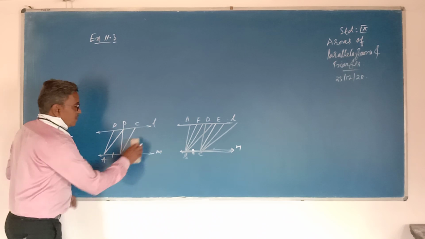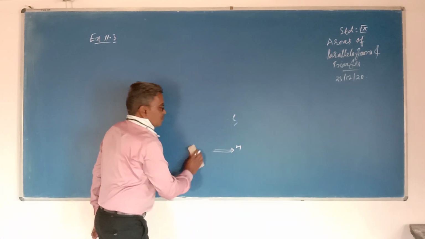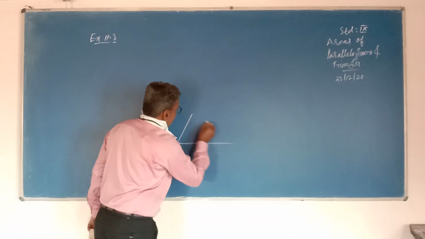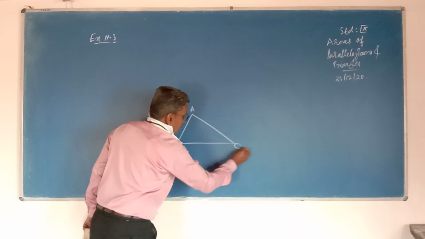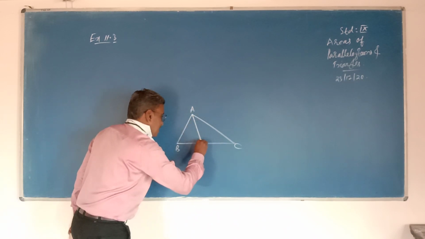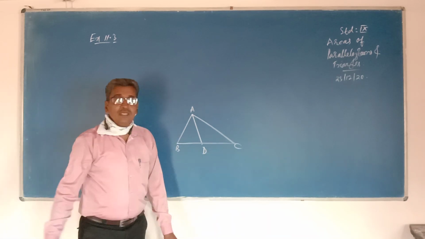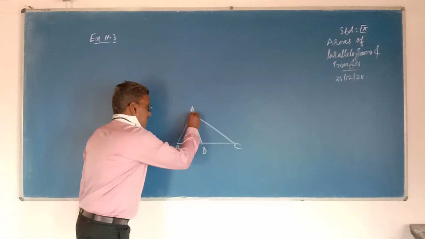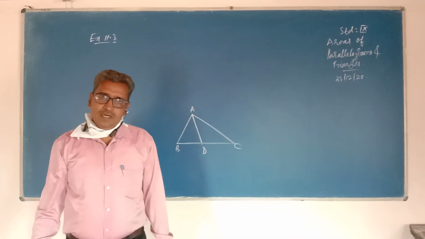Another important example you have proved: ABC is a triangle. AD is the median that I have defined. D is the midpoint of BC. When that midpoint is joined to the opposite vertex, this length AD is the median.